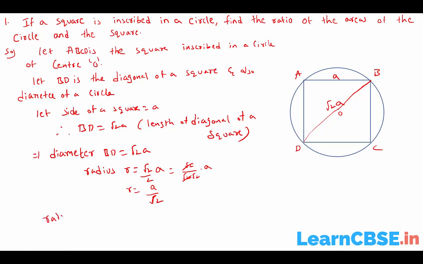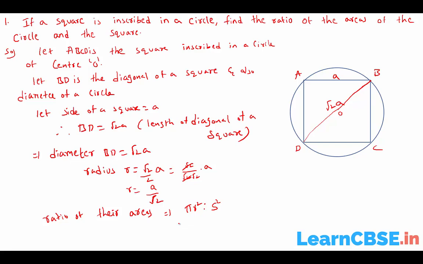Now ratios of the areas. Area of the circle is pi r square is to side square, area of this square.